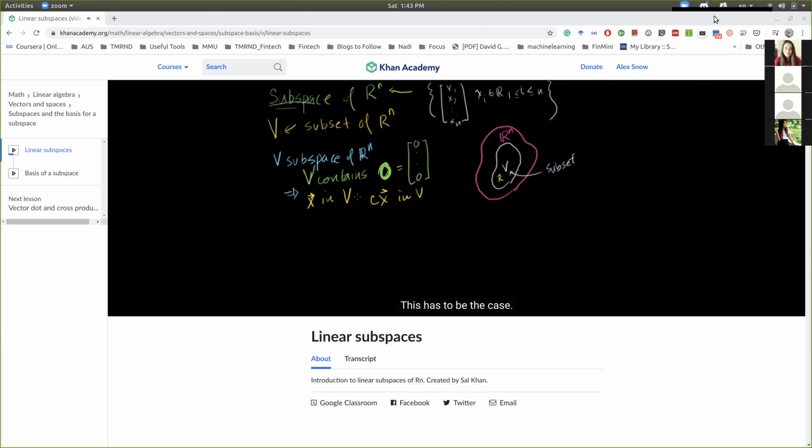For those of you who are familiar with the term, this is called closure under scalar multiplication. Let me write that down in a new color.